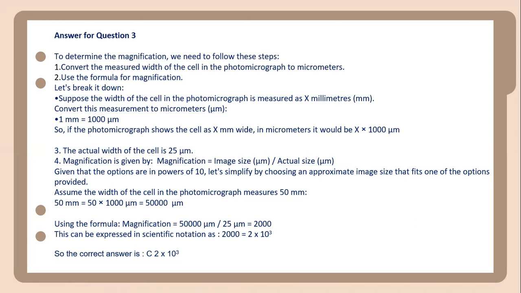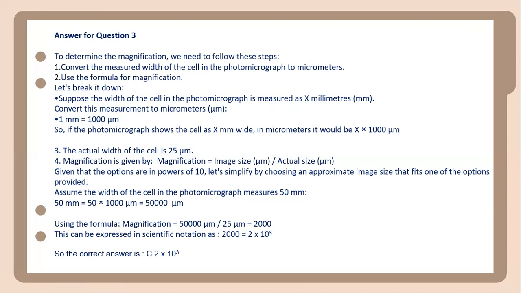Suppose the width of the cell in the photomicrograph is measured as X millimetres. We have to convert this measurement to micrometres. As you know, 1 millimetre is equivalent to 1000 micrometres. So if the photomicrograph shows the cell as X millimetres, in micrometres it would be X multiplied by 1000.